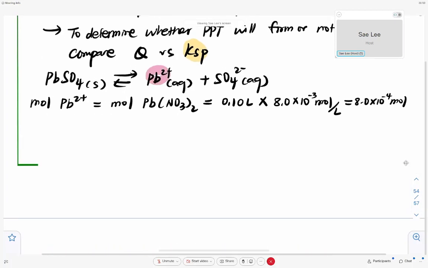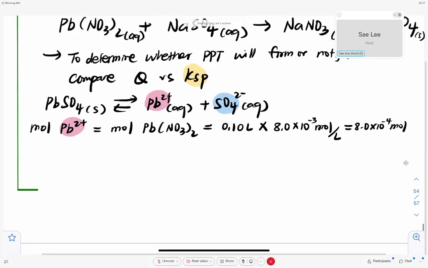As for the sulfate, where do you get the sulfate? You get sulfate from the sodium sulfate here.